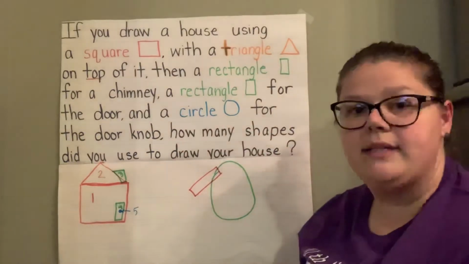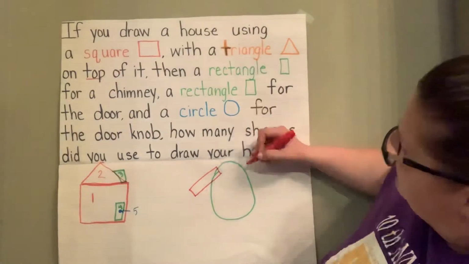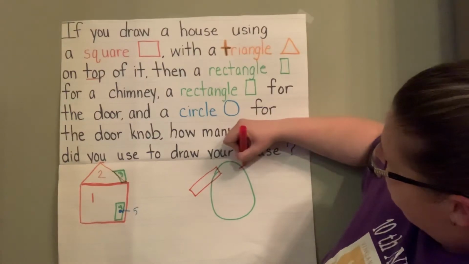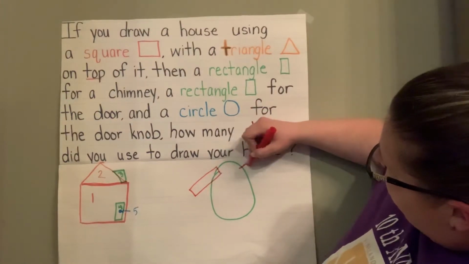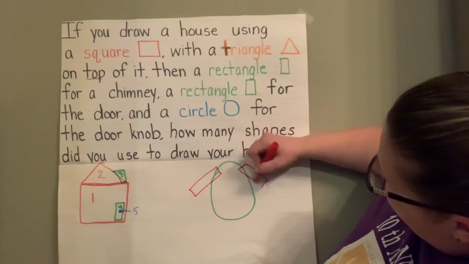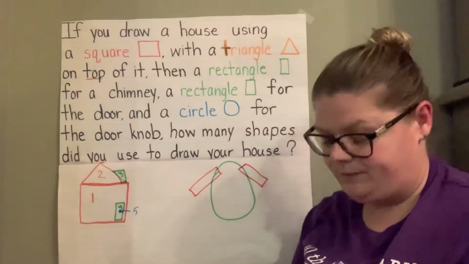It's our first rectangle. Now our second rectangle we're going to draw on this side. It's going to have a short side, a long side, a short side, and a long side.